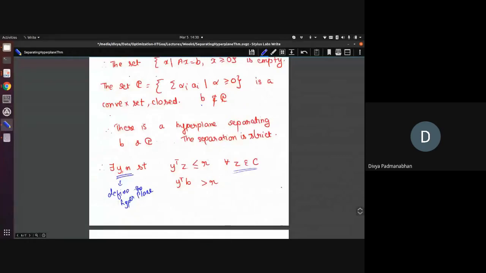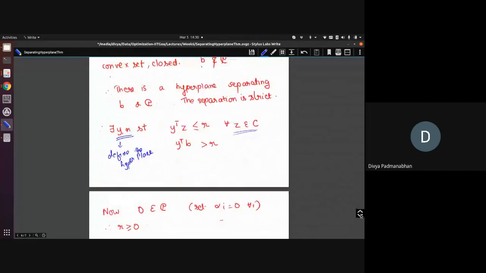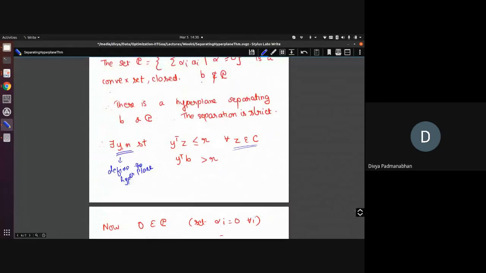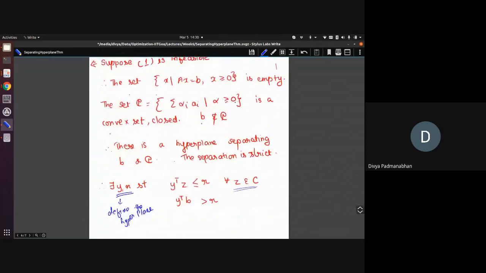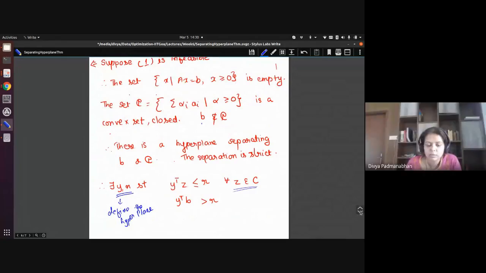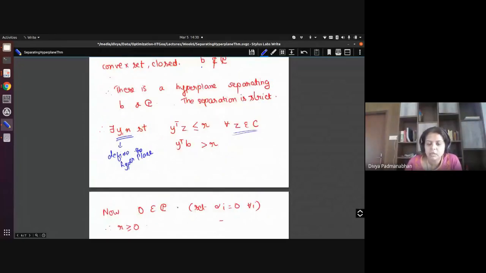So let's try to see that. If you look at this cone, this set C, the alphas have to be greater than or equal to 0. So immediately the zero vector belongs to the set. Now if you substitute z as 0 here, you get r is greater than or equal to 0.